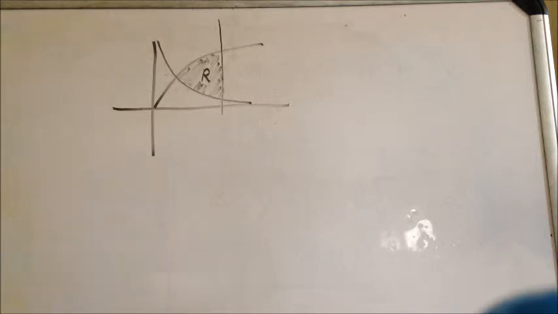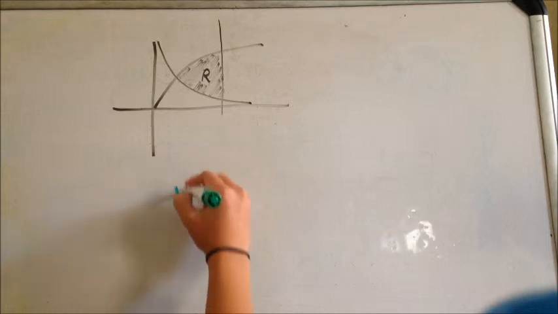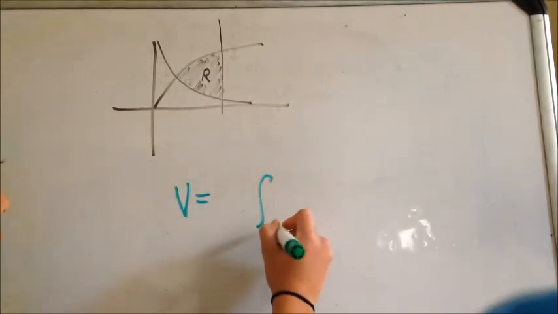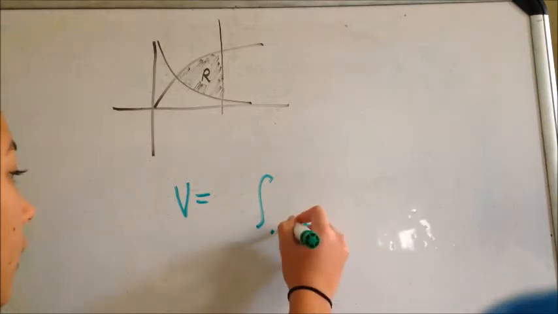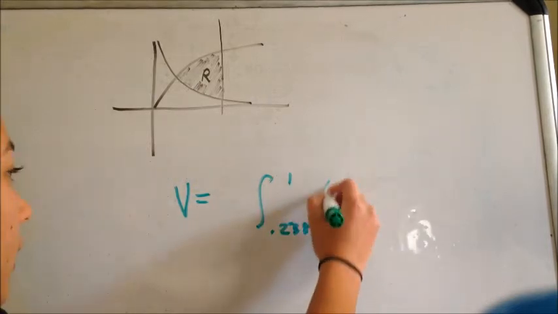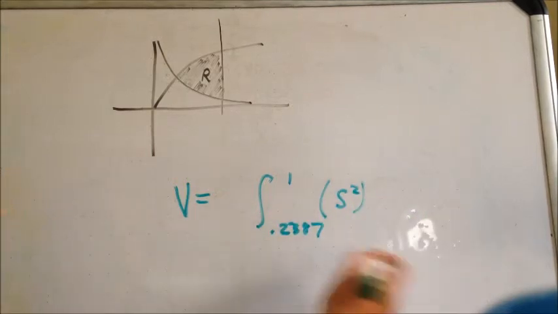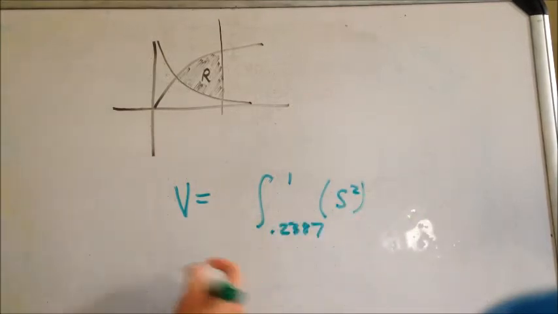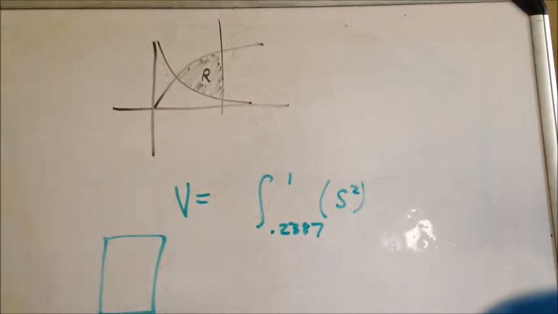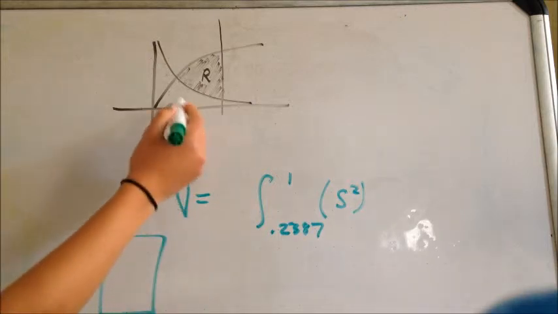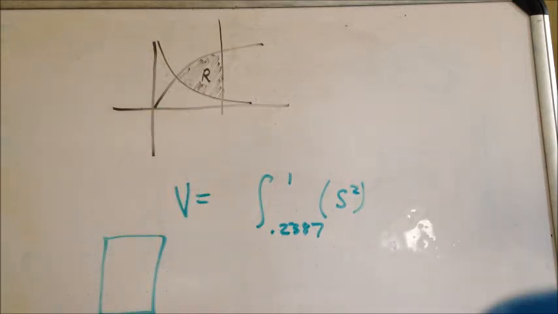So whatever it is, the volume, I'm going to say V, is going to be the integral from that point, 0.2387 to 1, and then it's going to be s squared, right? But since it's a rectangle, we know that the base is going to be along R, so that's whatever the area of region R is, so that's going to be square root of x minus e to the negative 3x.